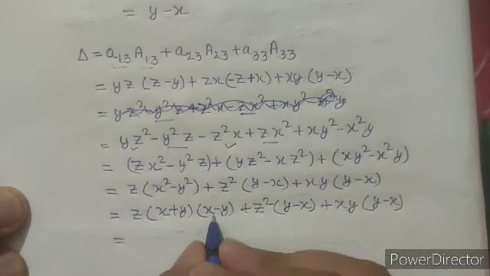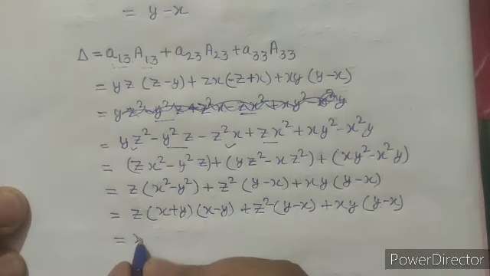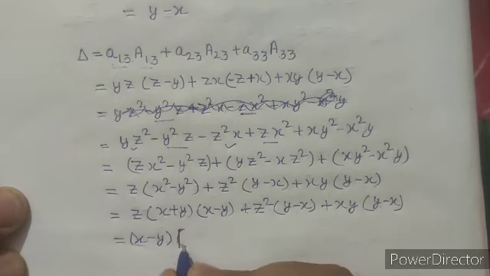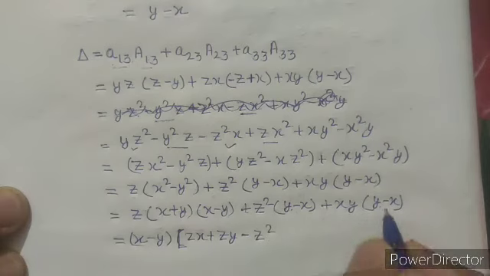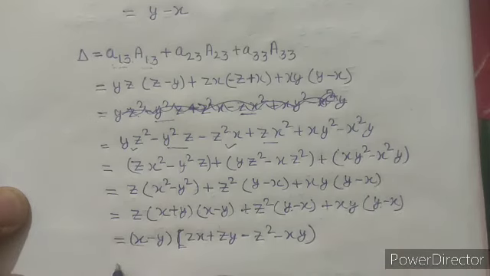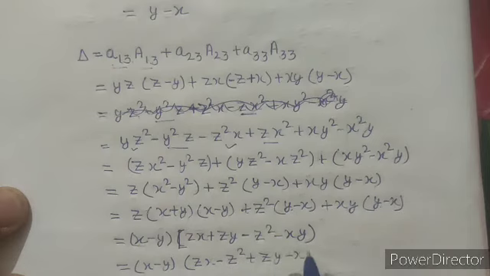Now if we take x minus y common, then this will give us zx plus zy. Here we have taken x minus y as common, so this will be minus z square, and here it will be minus xy. Now this will be equal to (x minus y) into zx minus z square plus zy minus xy.